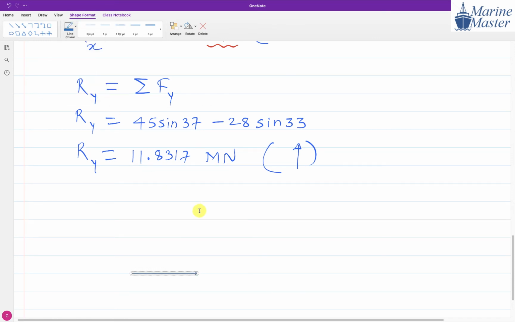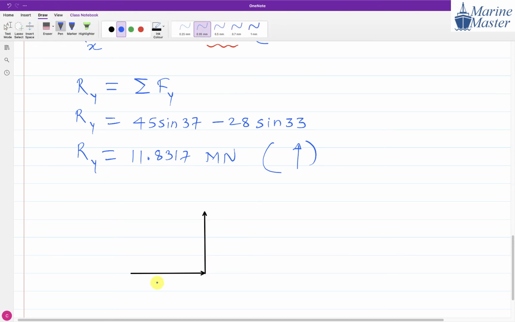First of all, we will draw Rx. Where Rx ended, from that point we will draw Ry, vertically upward.